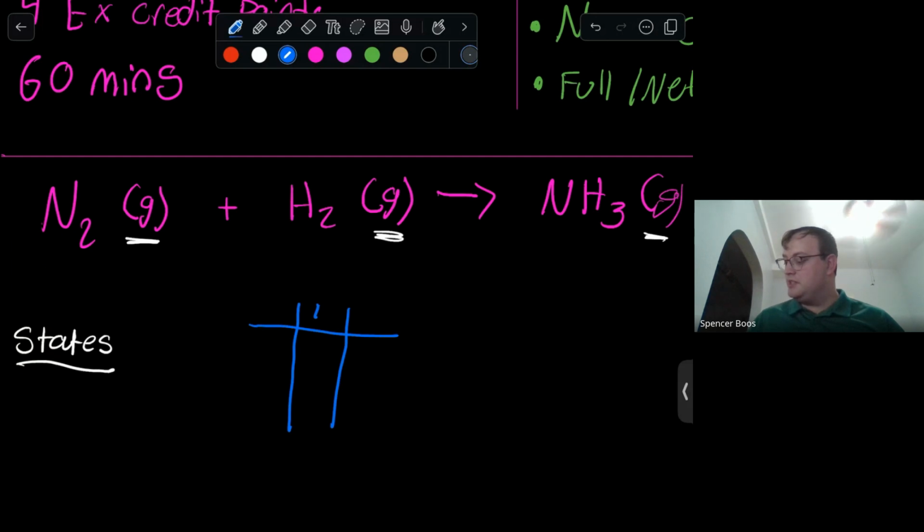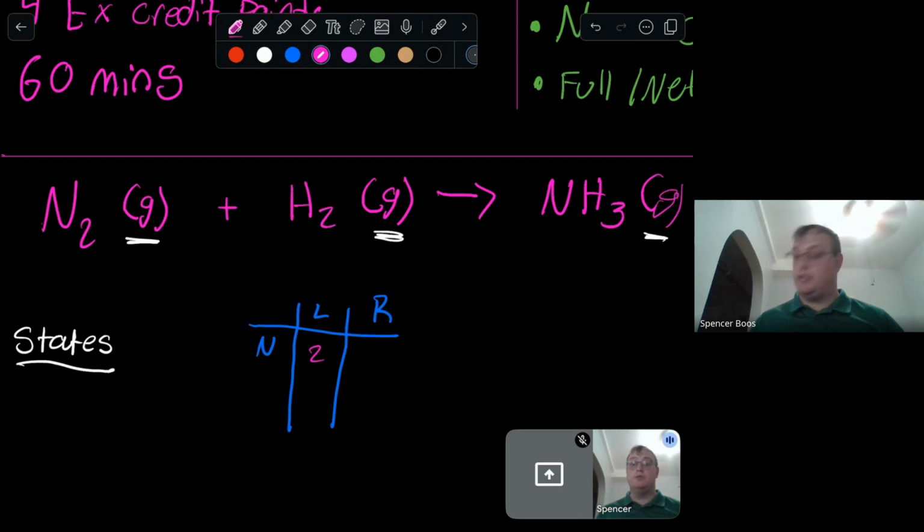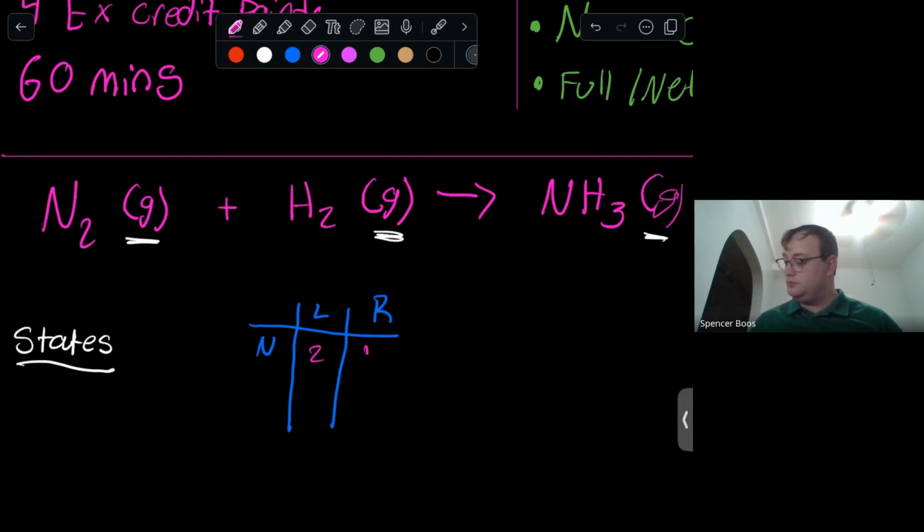I count up what's on the left and what's on the right. For my nitrogens, I have 2 nitrogens, so I'll put a 2 here. On the right, I've got 1 nitrogen, so I'll put a 1 there. Okay, how about hydrogens?